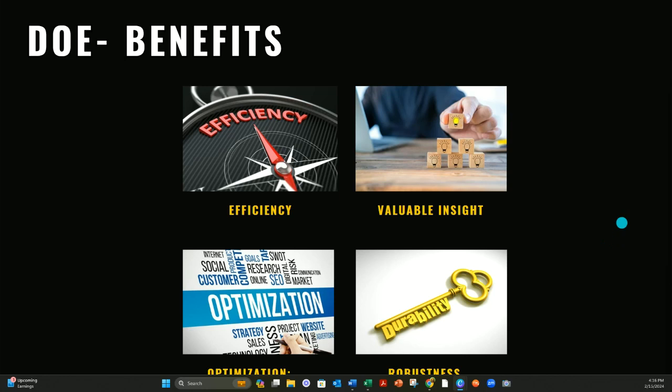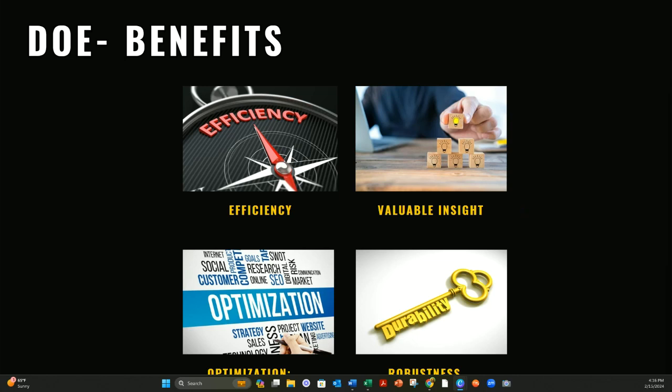DOE benefits. Number one, when you design your experiment, you're going to create a streamlined approach and better efficiency in your organization. How you design your experiment can give you valuable insight into your processes.